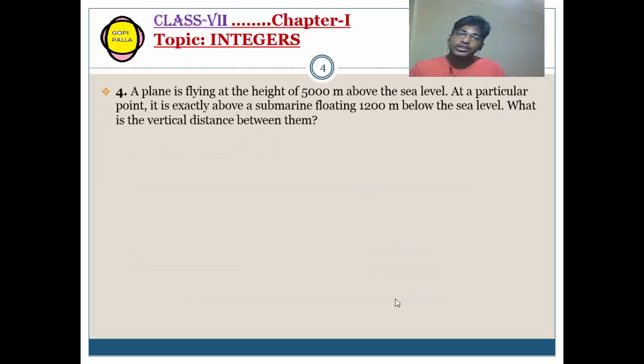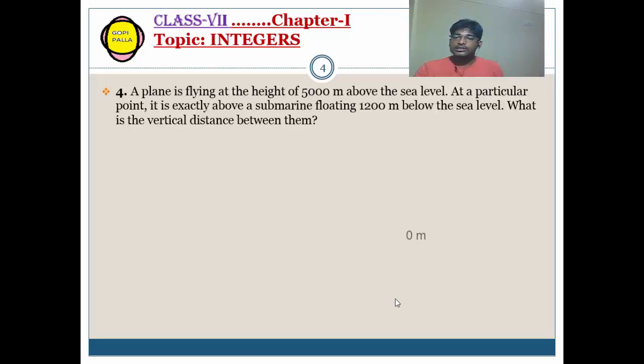So the next question is the fourth question. A plane is flying at a height of 5000 meters above the sea level. At a particular point, it is exactly above a submarine floating 1200 meters below the sea level. What is the vertical distance between them? You know, a plane always flies in air, and a submarine always travels under the sea or river.